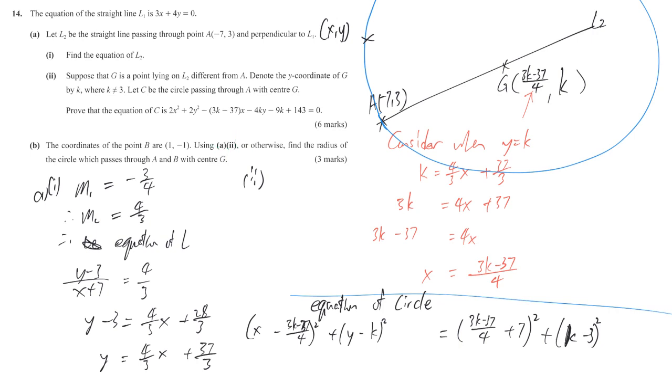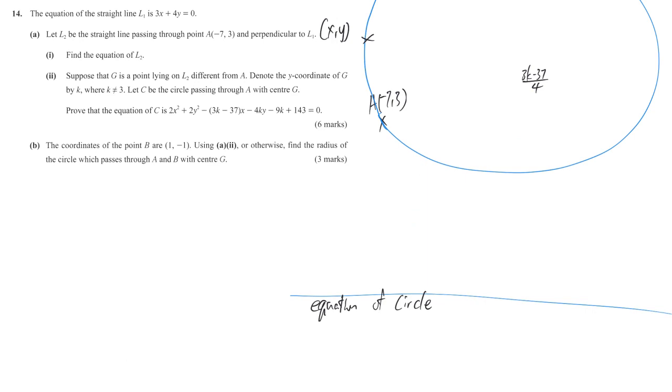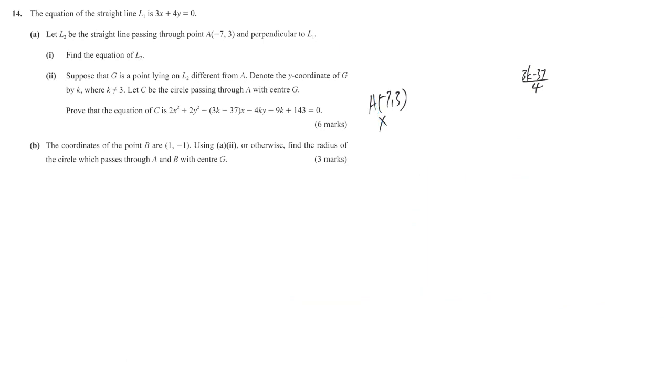Afterward, when you calculate this, you know that the circle passes through point B. That means point B lies on this circle. That means you know that when x is equal to 1, then y should equal -1, which fulfills this requirement.